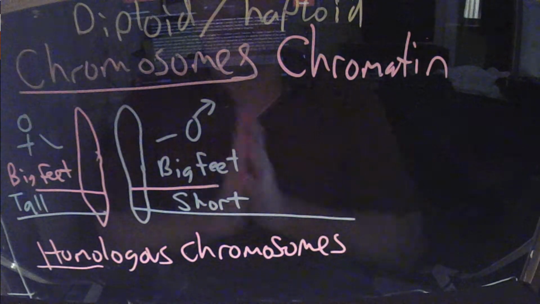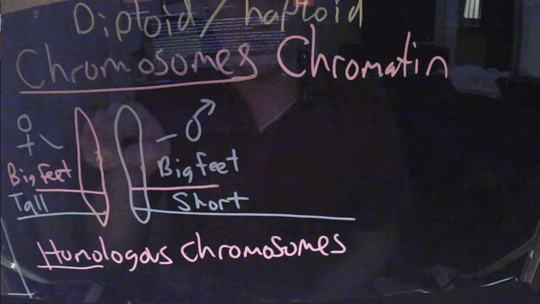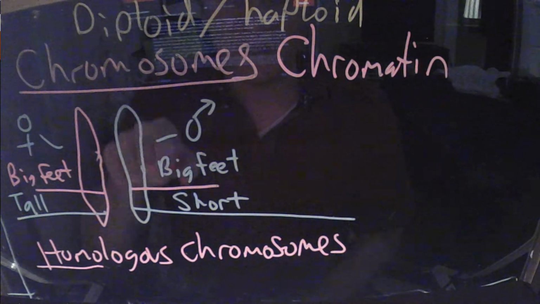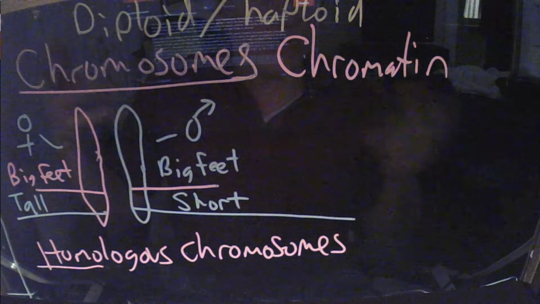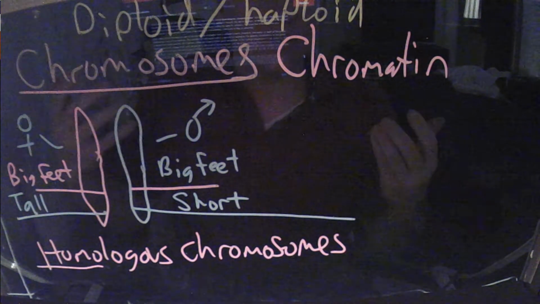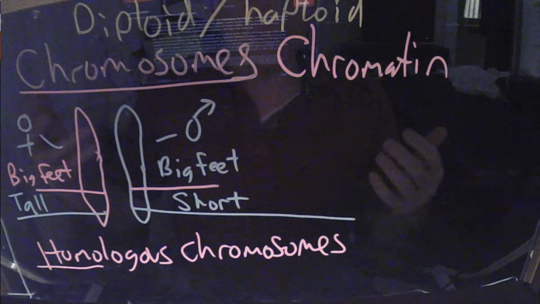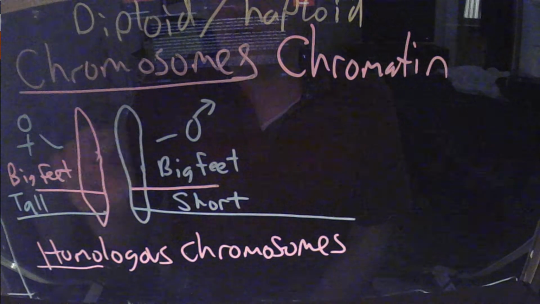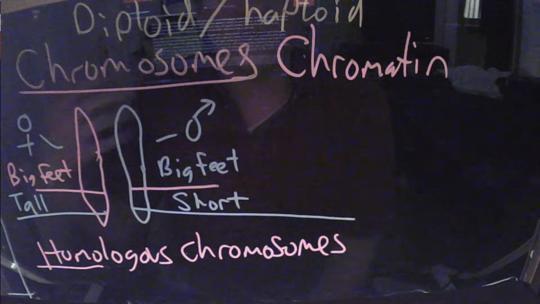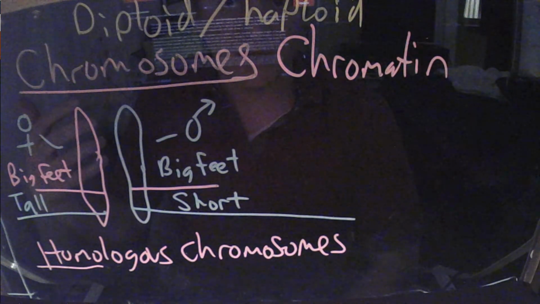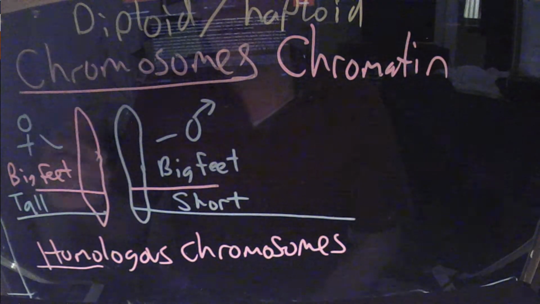What I'm getting at here is that I have these two chromosomes. I got the one from my mom here, and I got the one from my dad here. Even though I got them from different places, they contain similar genes in similar locations. A gene is just a particular region on a chromosome that codes for a particular thing.